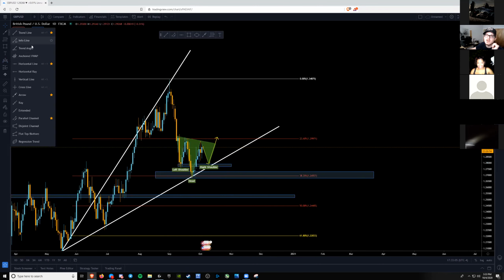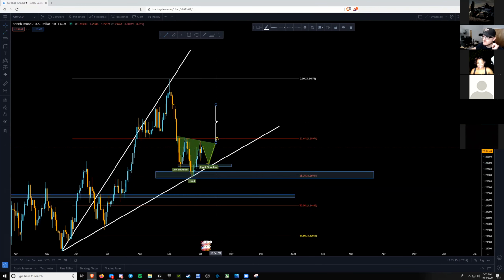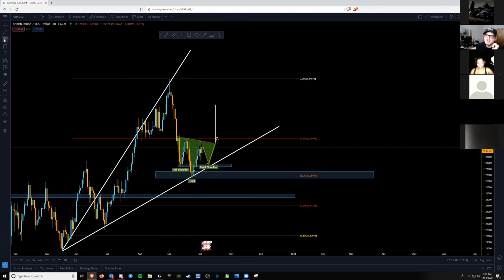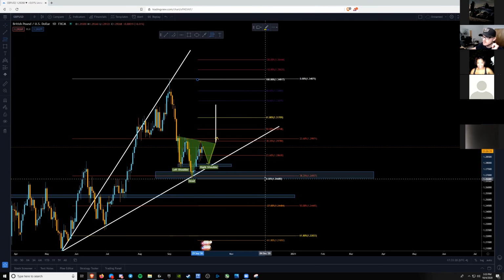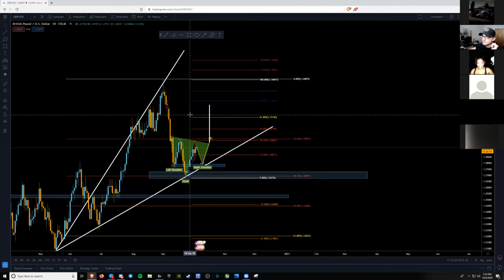When I'm doing my targets on a head and shoulders pattern, I take it from the neckline down to the top of the head. That's how I usually get my target. And if we pull a fib from the top of this to the top of the head, maybe a good place to take some profit on a position like that would be around the 61.8.